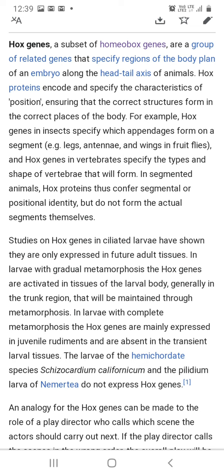Most of these proteins are transcription factors. They return back to the nucleus, bind to DNA, regulating the transcription of other genes.